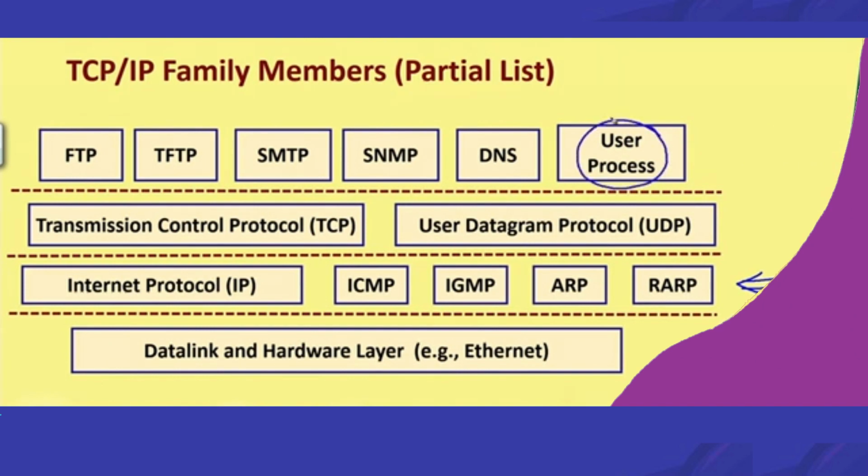Now, in addition, as part of the TCP/IP, there are some specific applications also which are included in the family, like file transfer protocol, trivial file transfer protocol, simple mail transfer protocol. All our email is sent and received using this SMTP protocol, simple network management protocol, domain name system, and so on. There are many others.